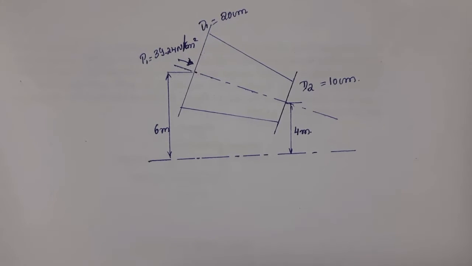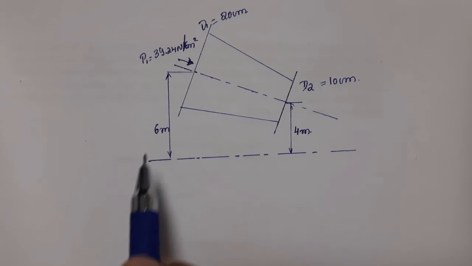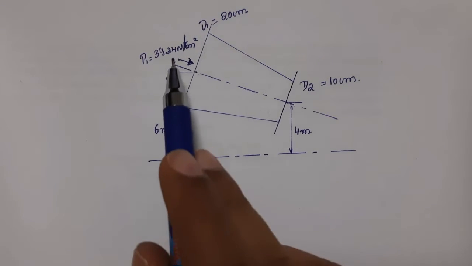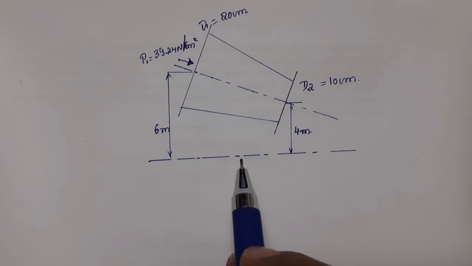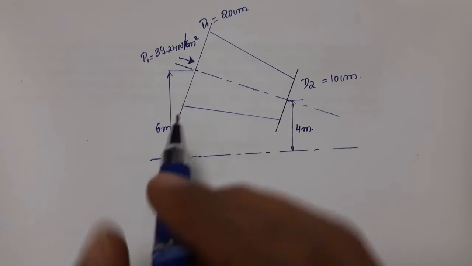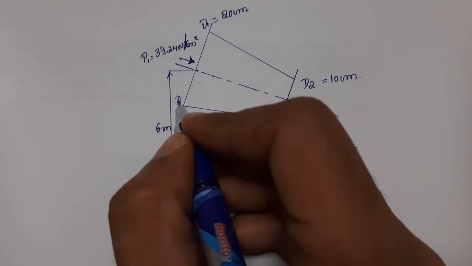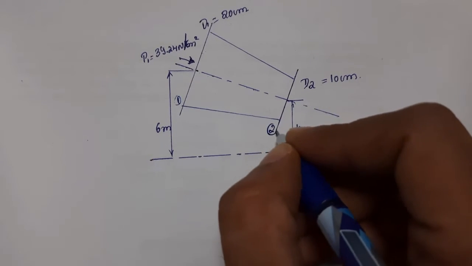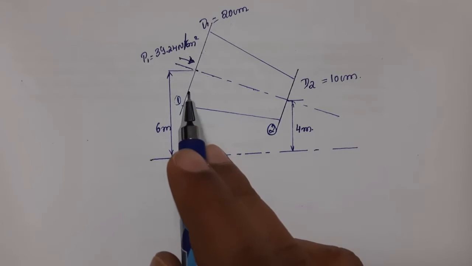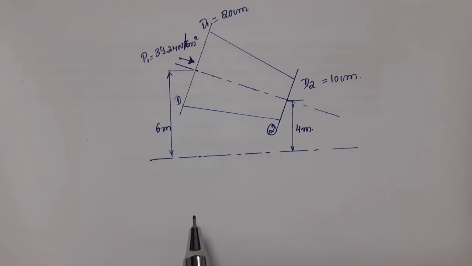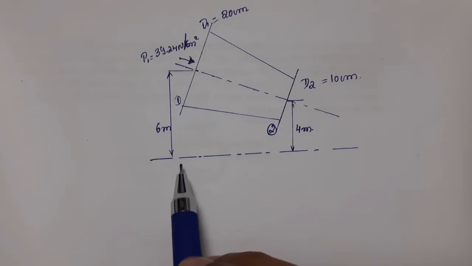Now in this problem, the water is flowing through a pipe which is having a diameter 20 centimeter and 10 centimeter along the section 1 and 2. Now this is section 1, this is section 2, so the water is flowing here. The rate of flow of the pipe is 35 liter per second, and the section 1 is 6 centimeter above the datum line.